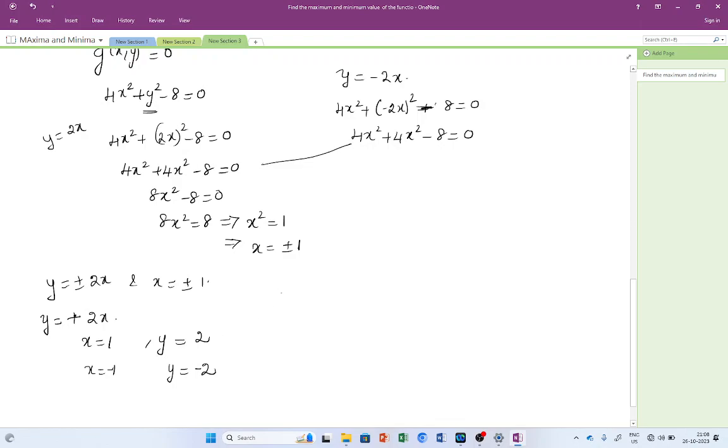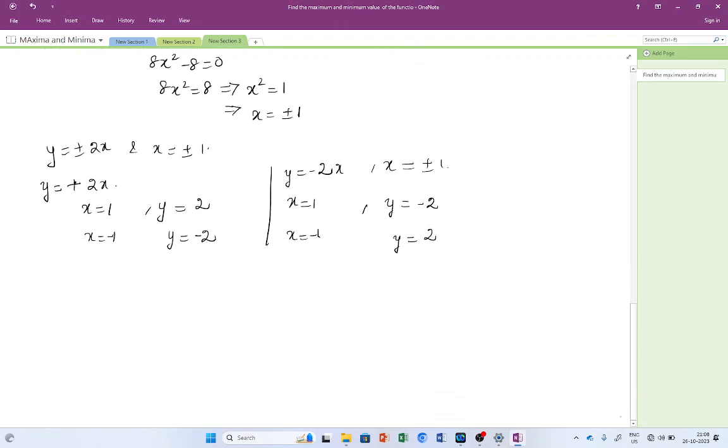Okay, likewise, if y = −2x, again you can see that x takes the value ±1. So if x = 1, y = −2 into 1, so it is −2. And when x = −1, y takes the value +2. Okay, so these are all my critical points.